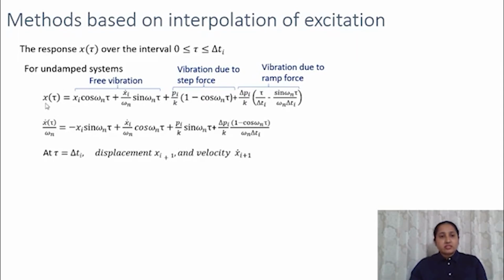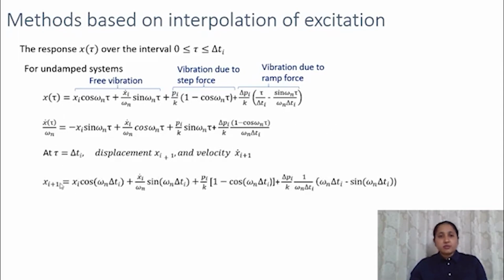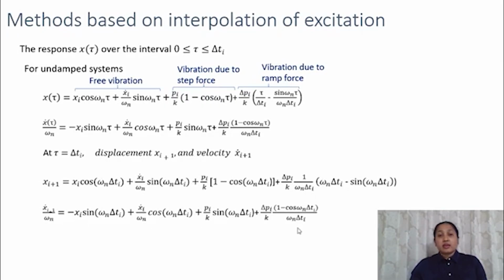So the displacement xi plus 1 and velocity x dot i plus 1 can be found out by substituting the value of the time step in these two expressions. So we get xi plus 1 and x dot i plus 1 as this. Just substitute the value of delta Ti instead of tau. So this depends on Pi and delta Pi.